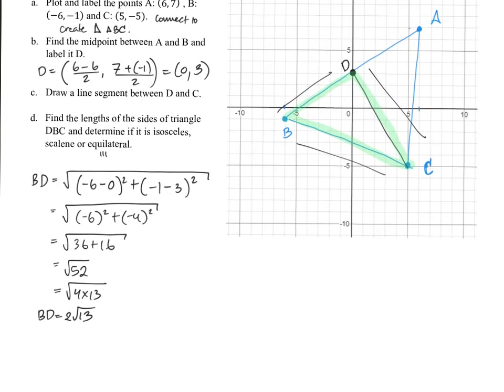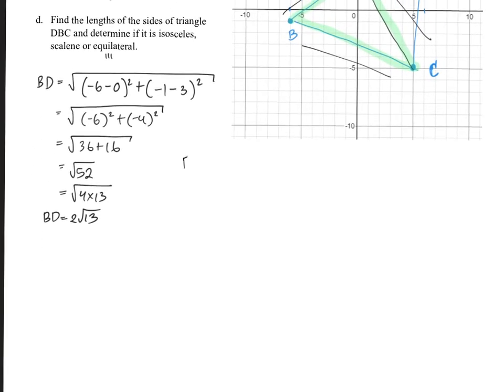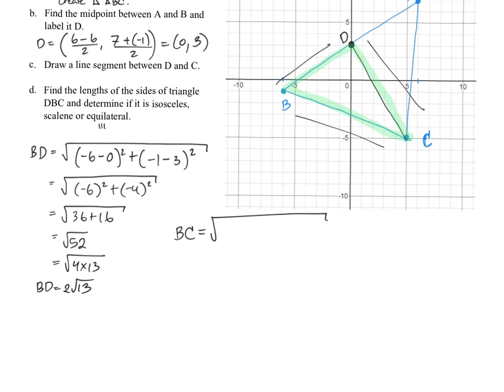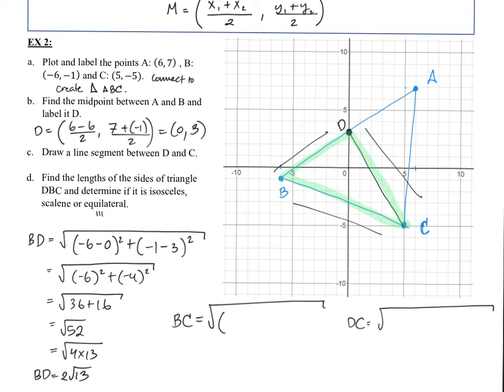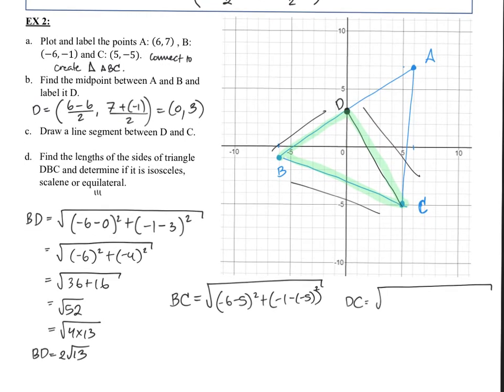So we want to find the distance between BC, and then the distance between DC. Okay, so between BC, comparing the B and C values, we have -6 minus 5, square that, plus the y values, -1 and -5. Now notice, got to use the double negative there. Got to remember the parentheses because we have those negatives flying around.